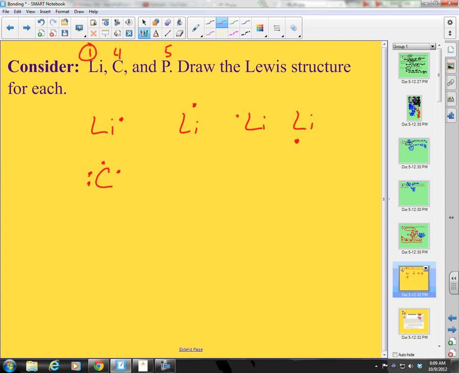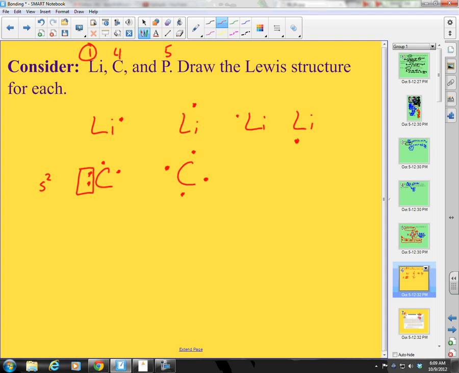Good. Carbon. I tend to write carbon this way. And why do I do it this way? Well, these 2 electrons would represent my 2s, and then these would be my 2p's. Now, other people would say that's ridiculous, and they would tend to write it this way because when carbon bonds, it's going to have 4 bonding locations, and this better shows you how carbon will bond.